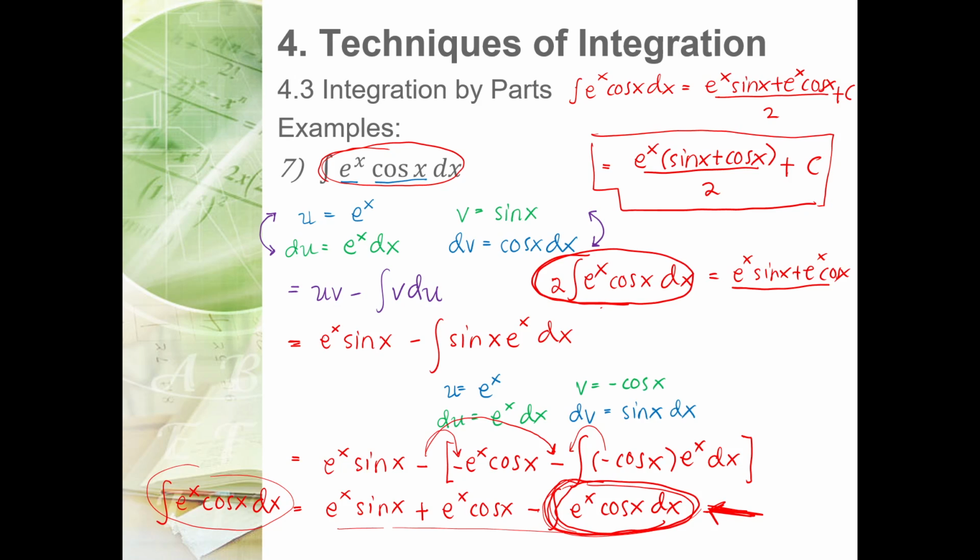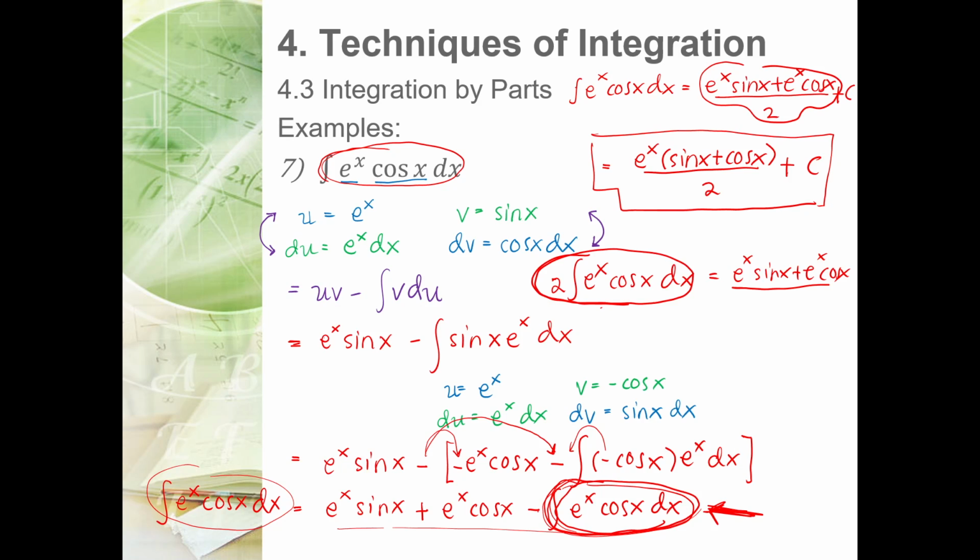And then I divide it by 2, so that's why I have this equation here. Then don't forget the plus c because that's always part of the final answer. So I think that is what happened in your example.